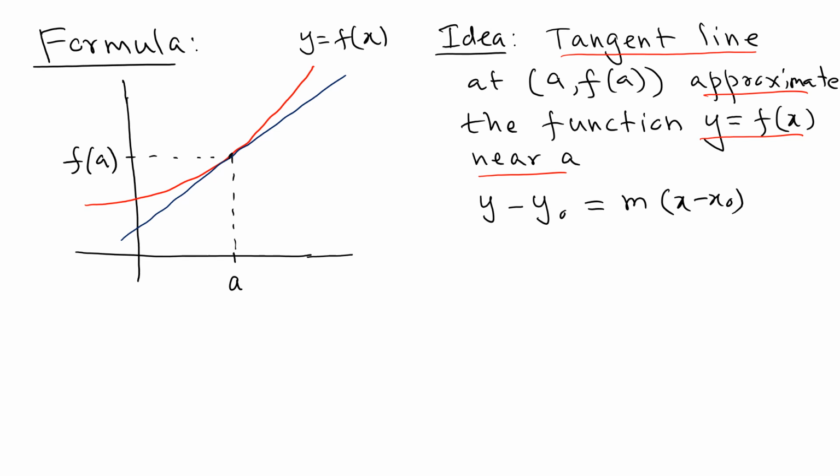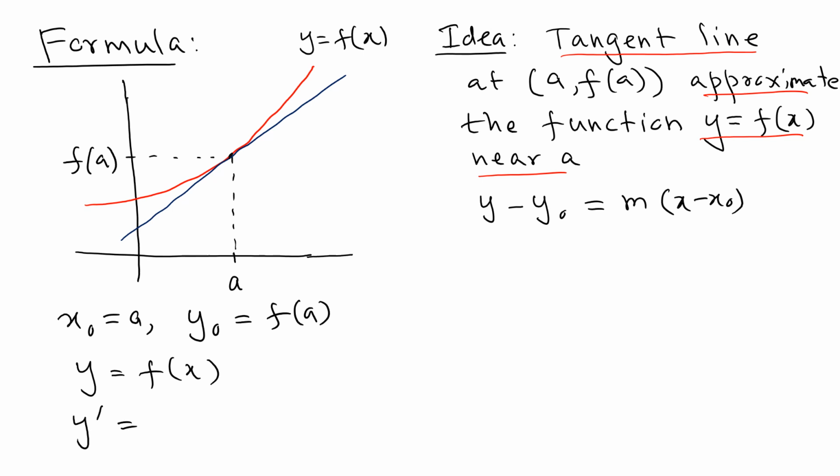We already know x naught and y naught: x naught equals a in this case, and y naught equals f(a), the corresponding y value. The only thing we need is the slope, and we know that the derivative gives the slope. So we start with y equals f(x) and take the derivative, and we get y prime equals f prime.